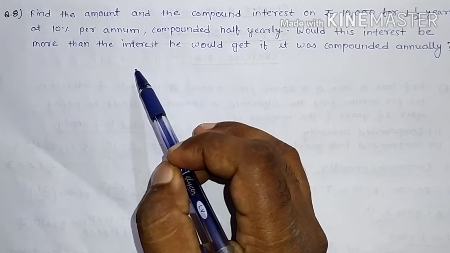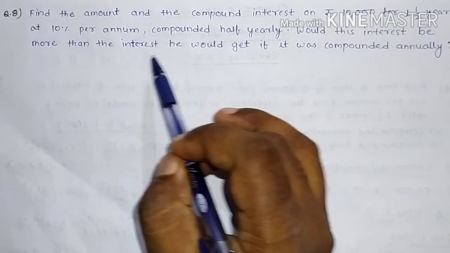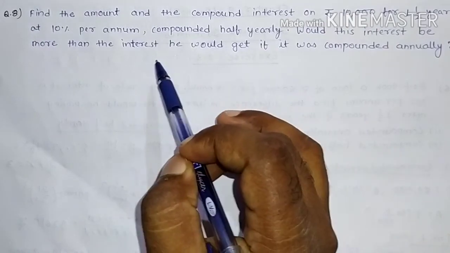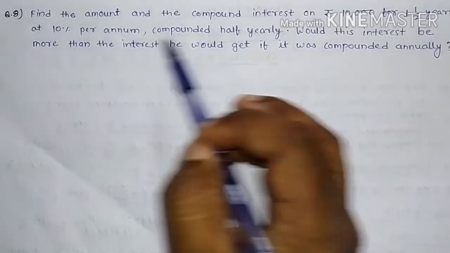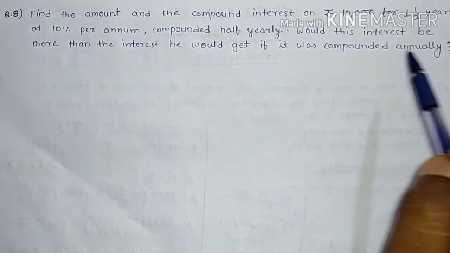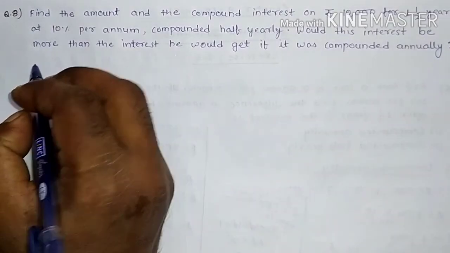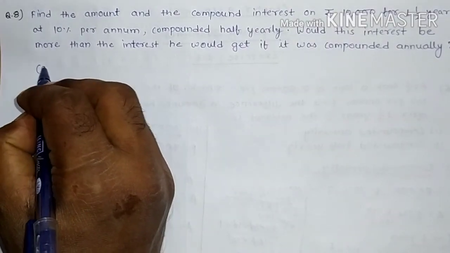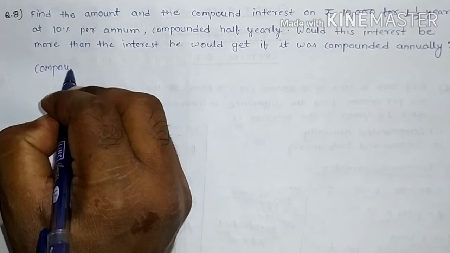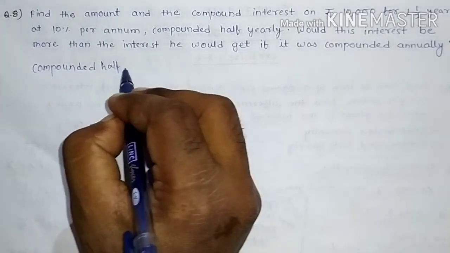Okay, as the question is given here. Would this interest be more than the interest he would get if it was compounded annually? Okay students, so first of all we have to find when interest is compounded half yearly.